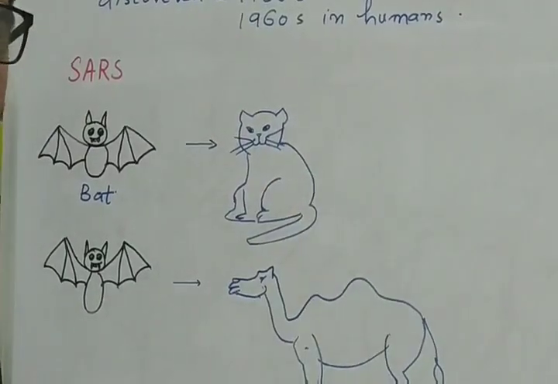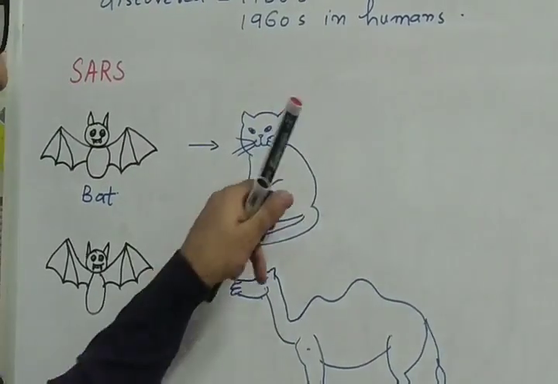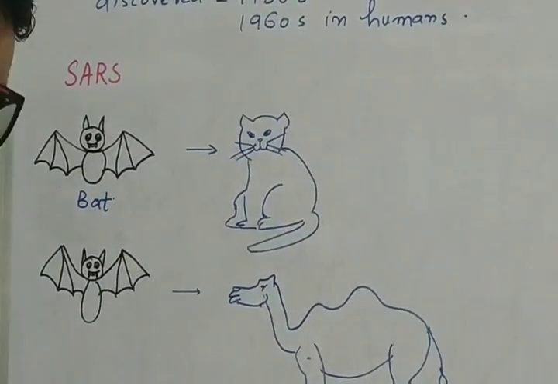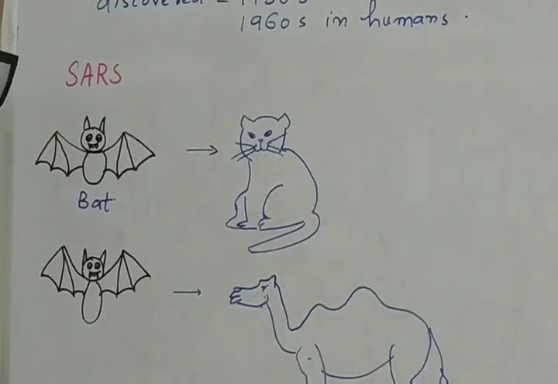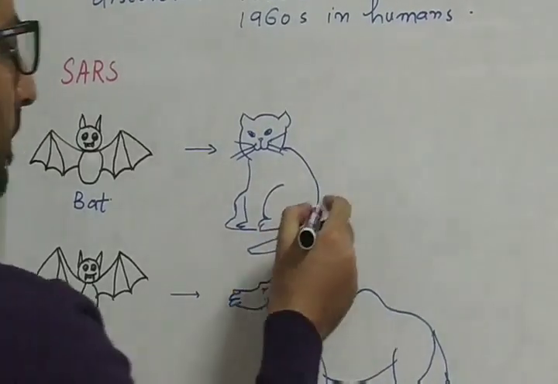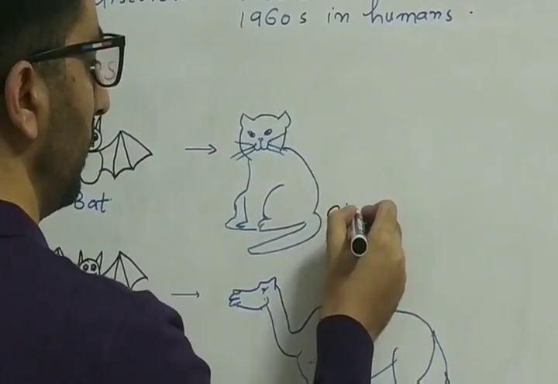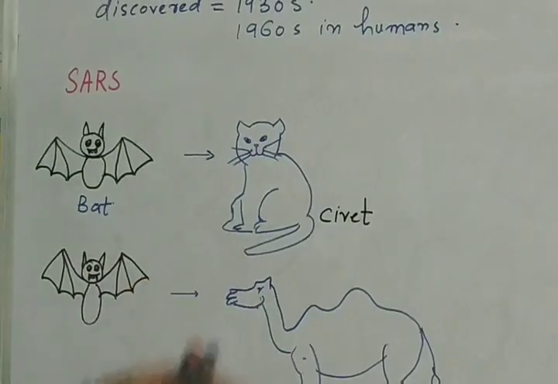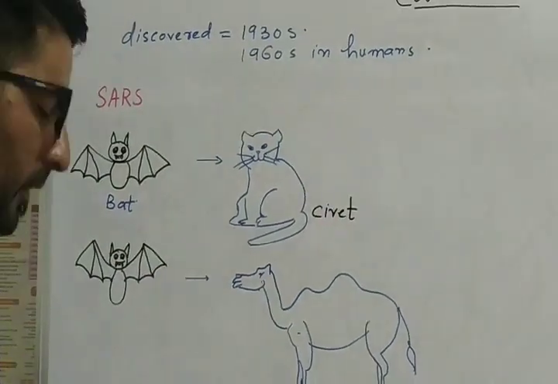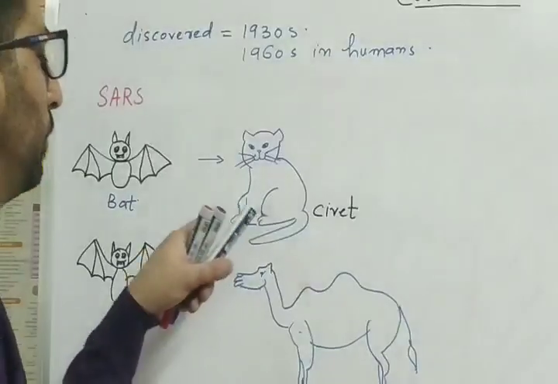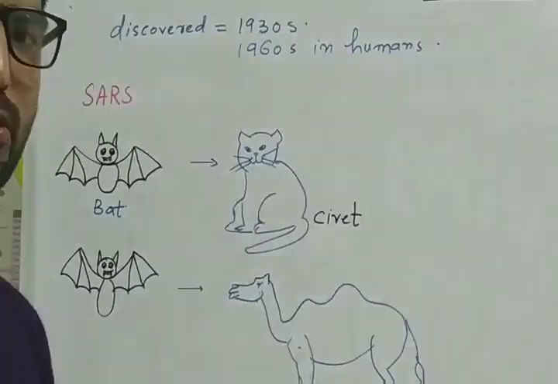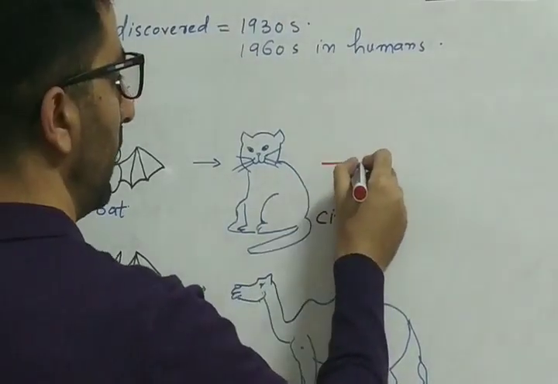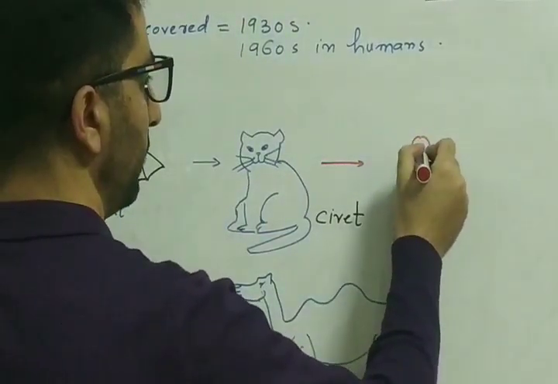It's a cat-like species, which is called the civet, or sweat as it is said here. In this animal it mutated again, and then it was transferred to humans. So this animal is the intermediate host for the virus.